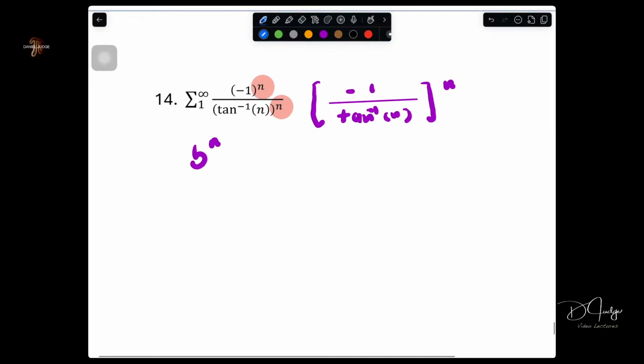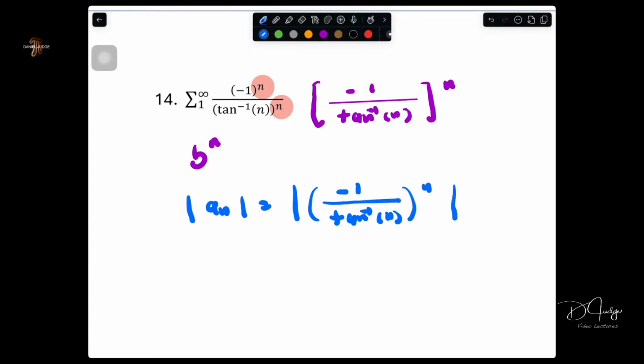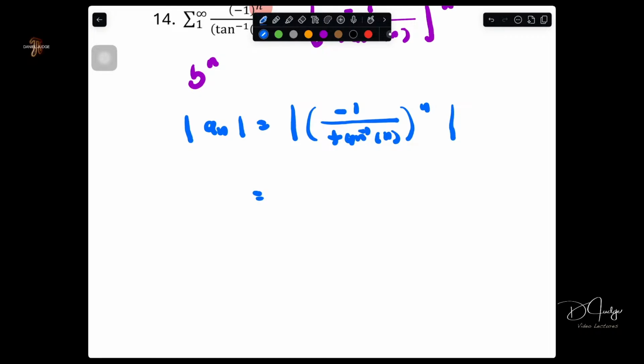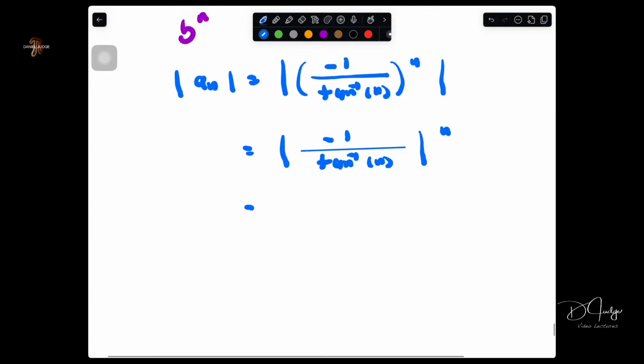So we just have to take the absolute value of an, which is the absolute value of -1 over inverse tangent of n raised to the nth power.